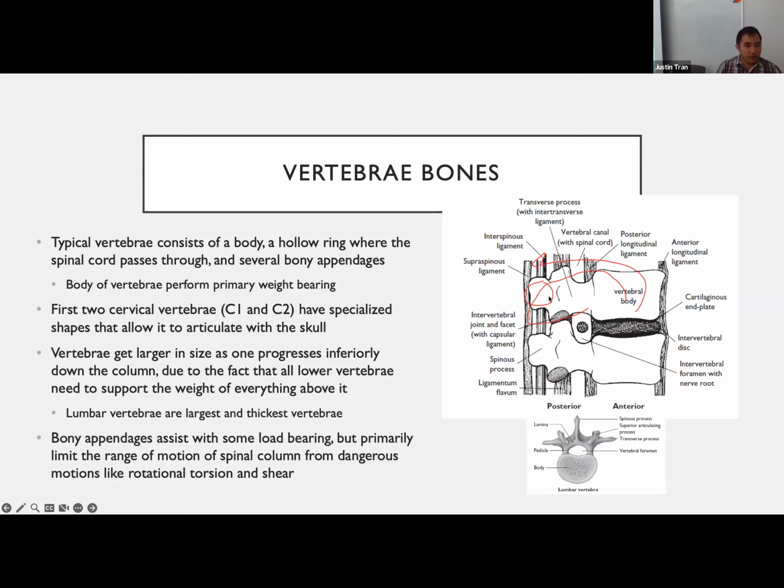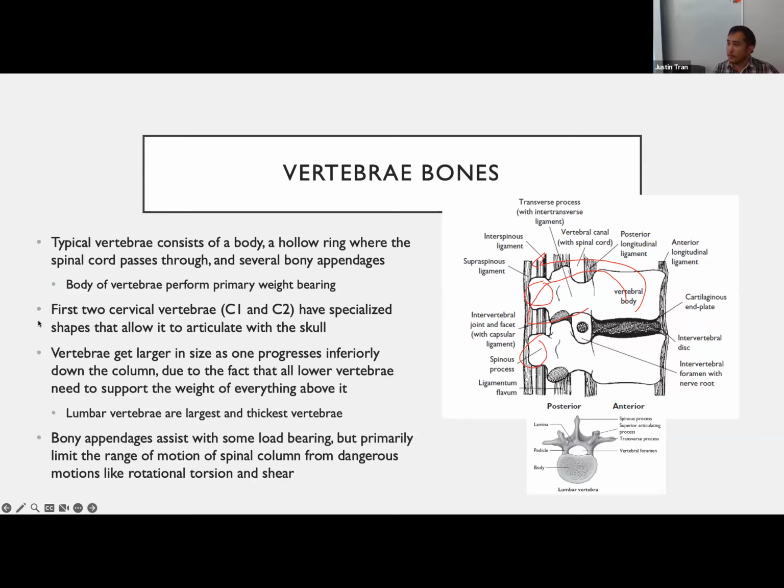And this part of the vertebrate bone will start to contact this one. Once they're in contact, it prevents any further motion. The idea is that if you bend back too much, you put yourself at risk of damaging your spine or your spinal cord, okay?